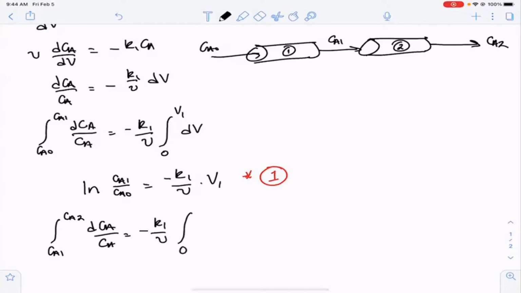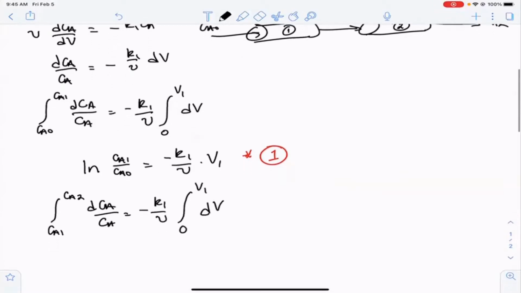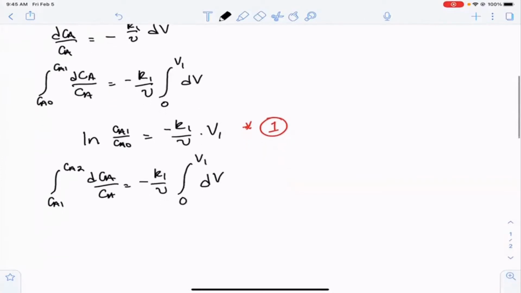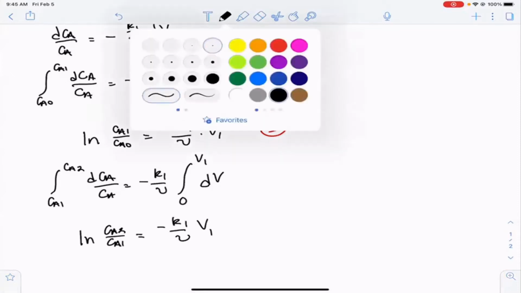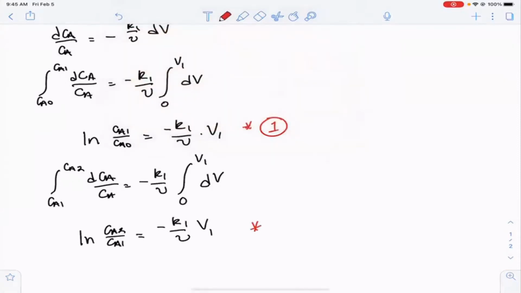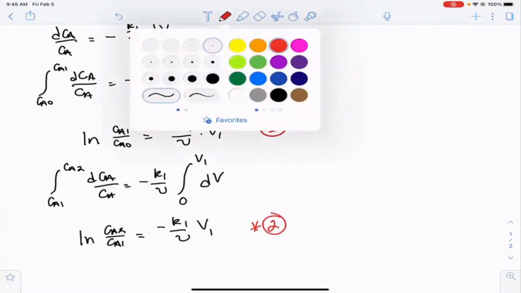So we are going to go from 0 again to V1 of dV. And if we look at this, our solution is that the natural log of CA2 over CA1 equals minus K1 over V times, again, V1, right? So this is coming out of reactor 2.